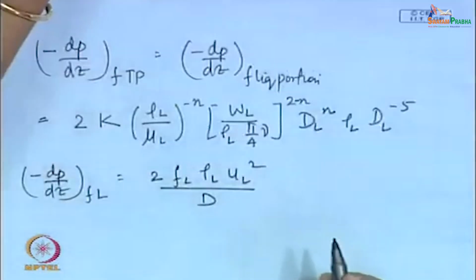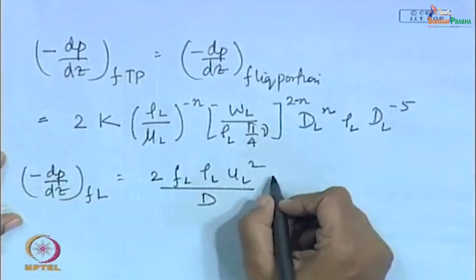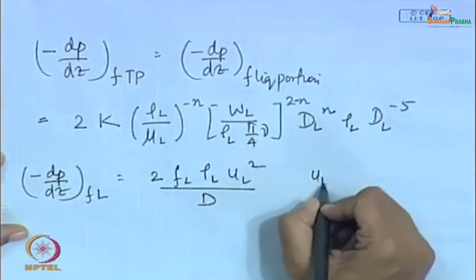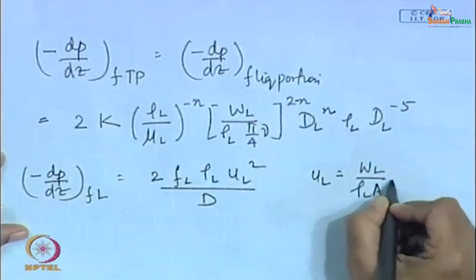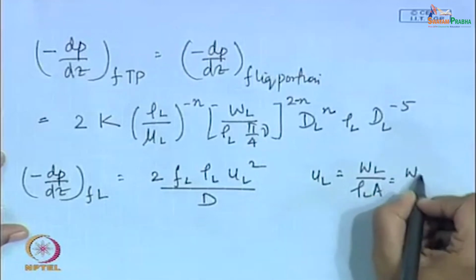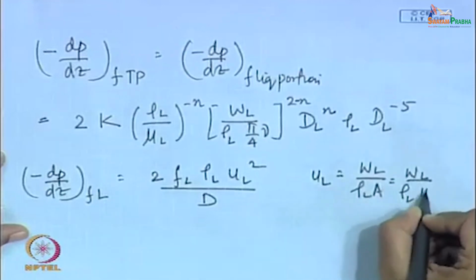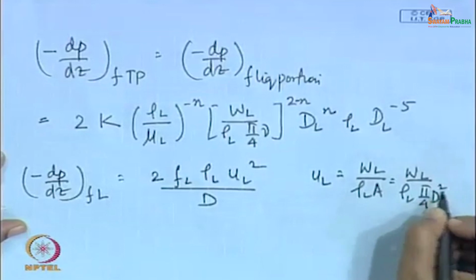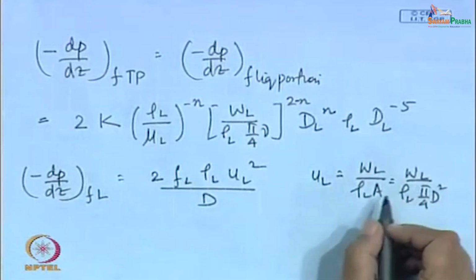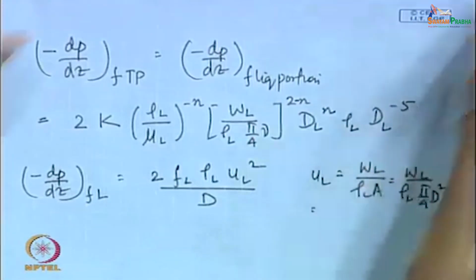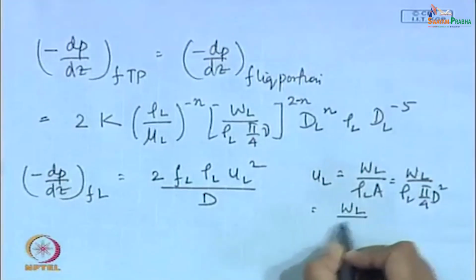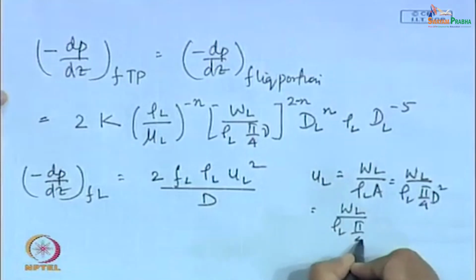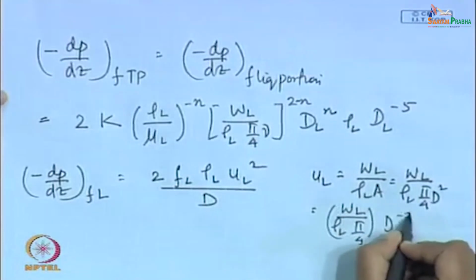So, therefore, this is going to be in this particular case, where UL equals WL by rho L A, which is nothing but WL by rho L pi by 4 D square. Since we are taking out D separately here, we will be taking this D out, and this will be WL by rho L pi by 4 into D to the power minus 2.